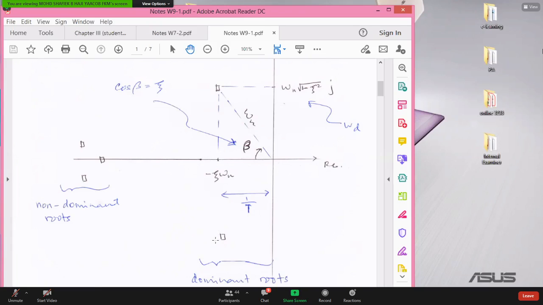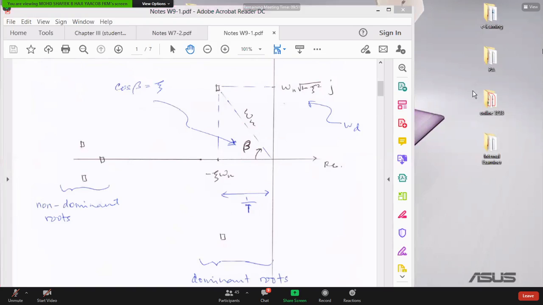For that case, we need to go back to chapter 2 when we discussed the time response of a second order system. Okay, so let me go back and select our notes that discussed second order system. Hopefully I can find the correct notes.